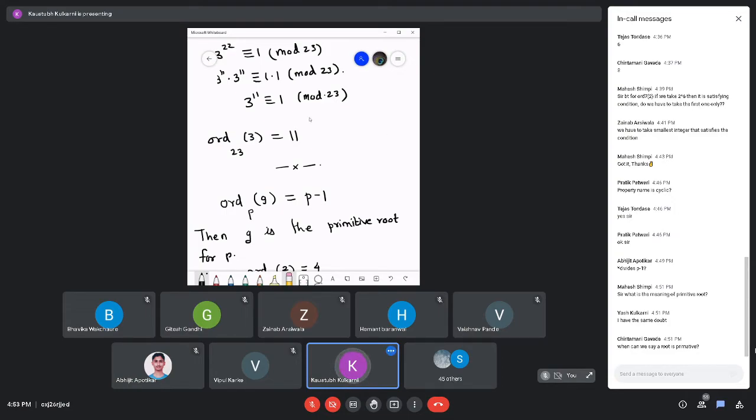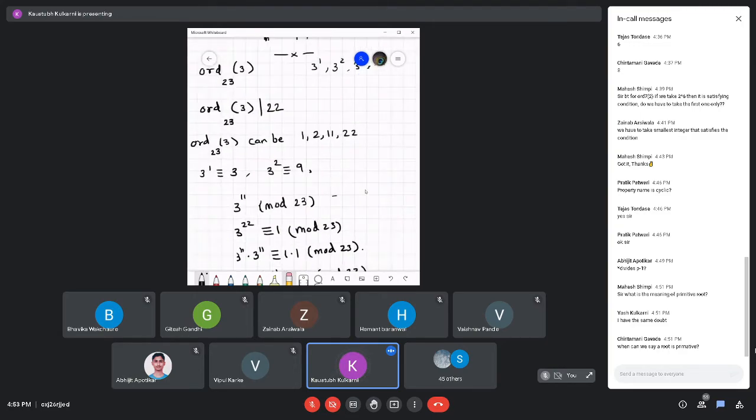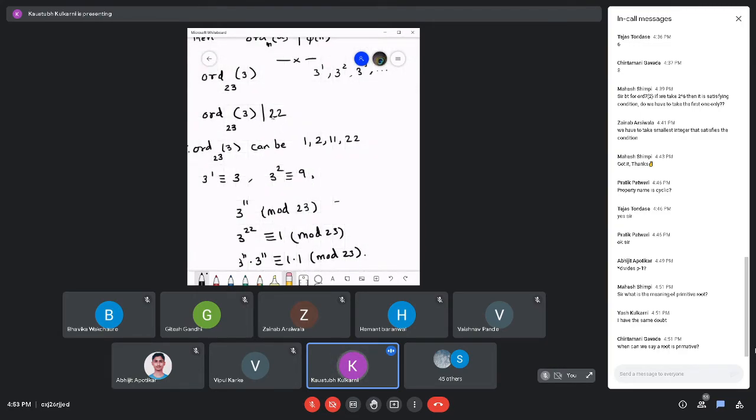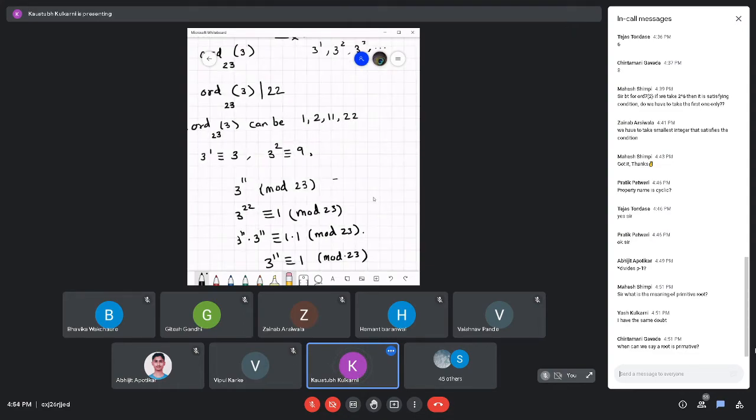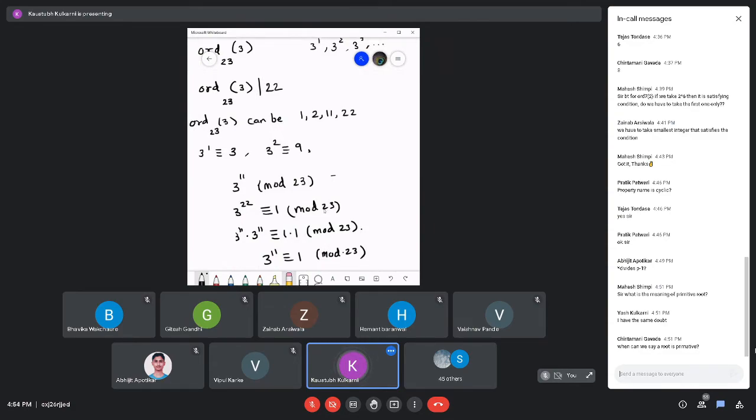In the previous case, P minus 1 was 22, so one of the candidates was 22. Indeed, 3 raised to 22 is also congruent to 1 mod 23, but we cannot say that 22 is the order.